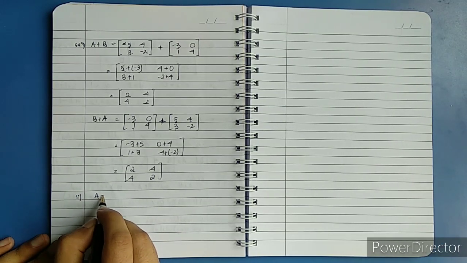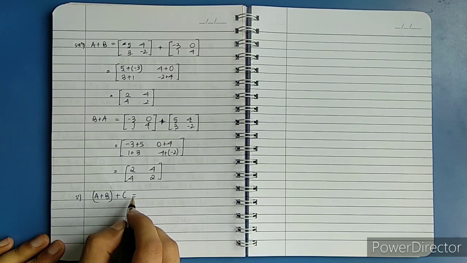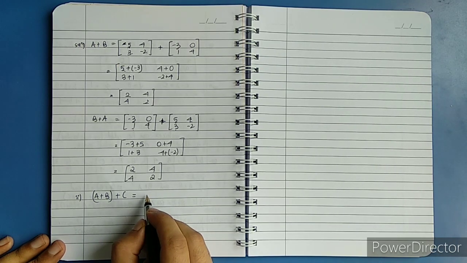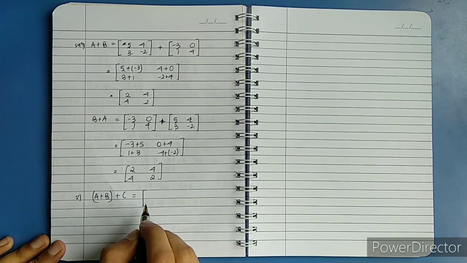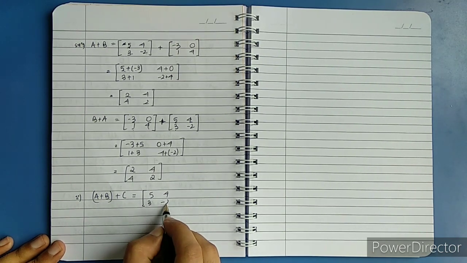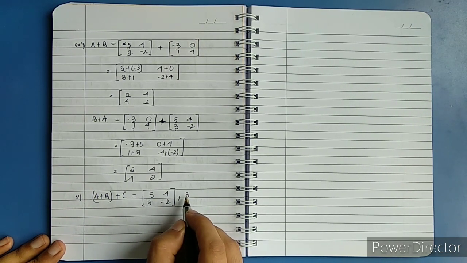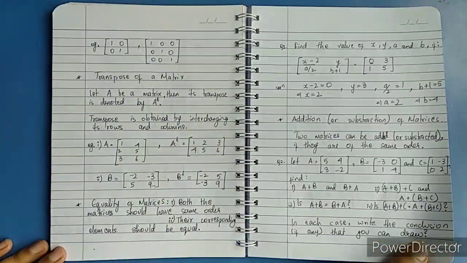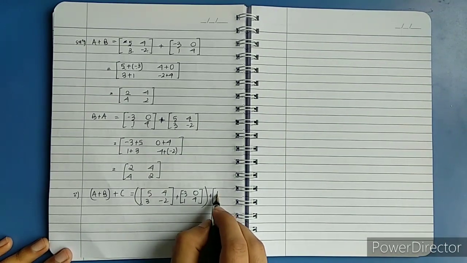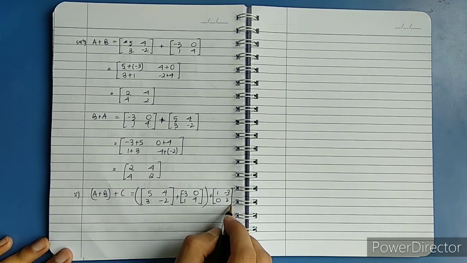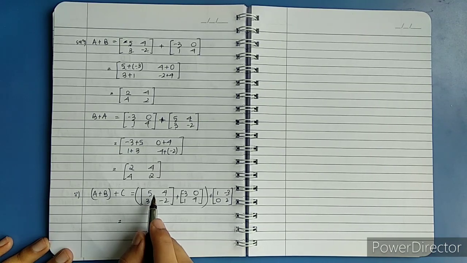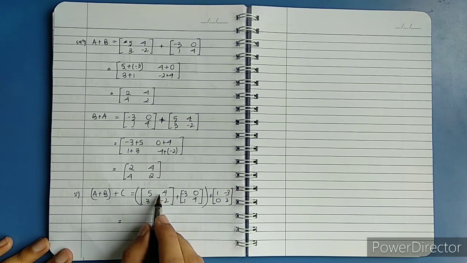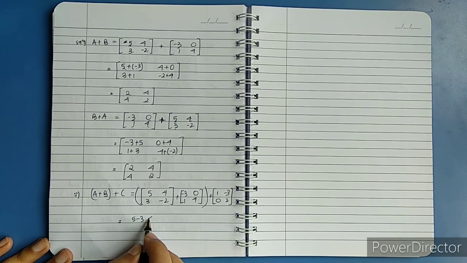Second part, we need to find A plus B plus C. So A plus B is 5, 4, 3, minus 2, plus minus 3, 0, 1, 4, plus C is 1, minus 3, 0, 2. So this will be equal to, so this plus this, 5 minus 3, 4 plus 0, 3 plus 1, minus 2 plus 4.